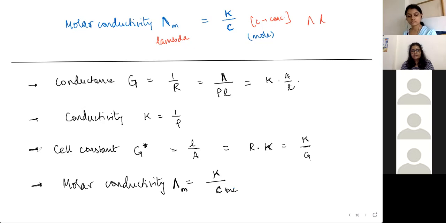Whatever question you get, figure out what stands for what. Is it G, is it R, is it G star, is it molar conductivity? Once that interpretation is done, you can directly apply the formula. Another thing you need to take care of is whether the units are matching or not.